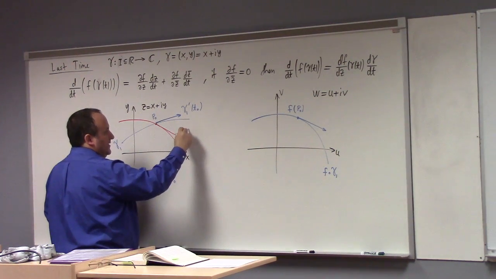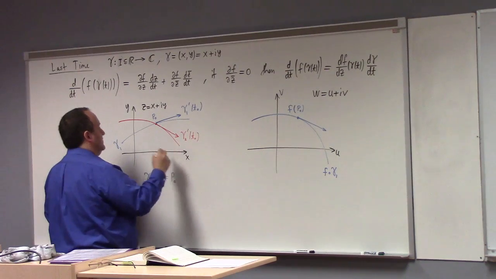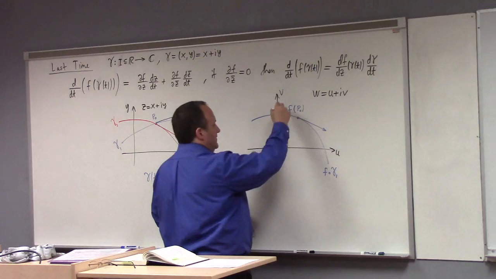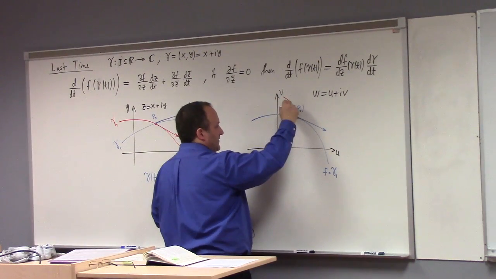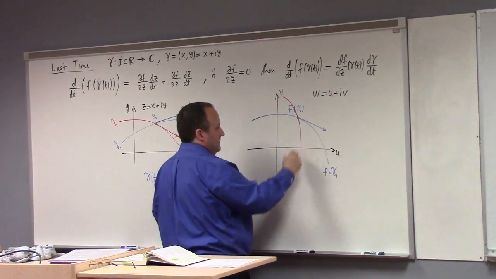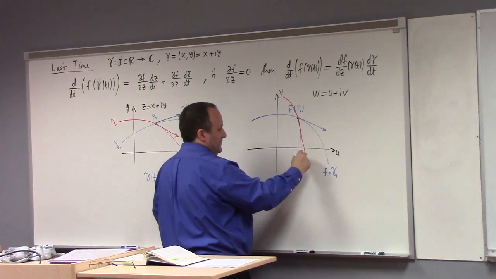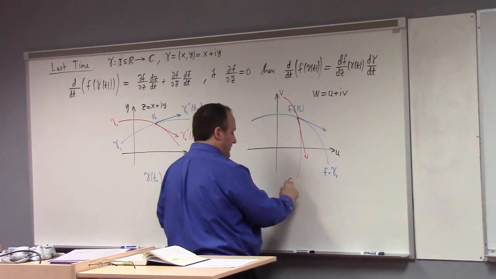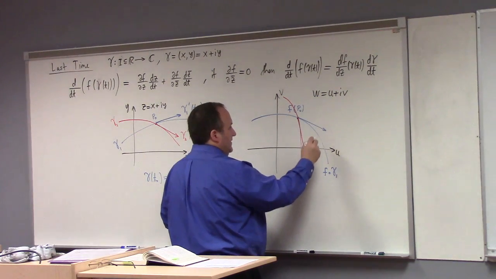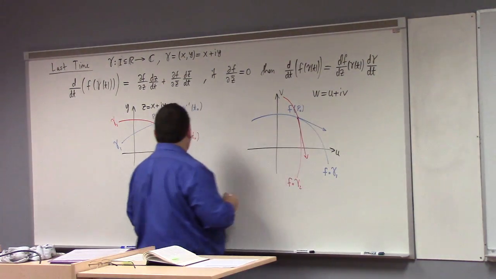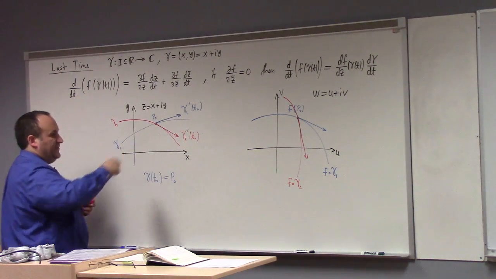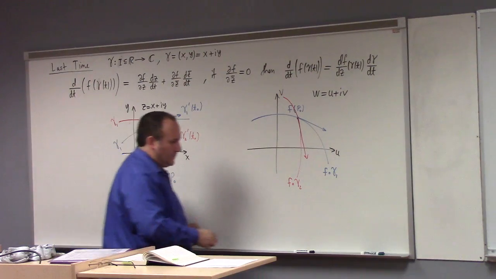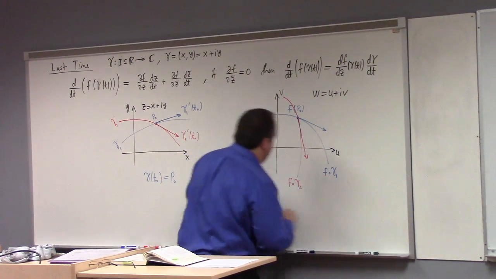So this is gamma 2 prime of t naught, the tangent vector to path 2. Then it gets mapped to something over here, perhaps like this, and here's my tangent vector. This is the curve f composed with gamma 2, and the tangent vector here and there. I haven't written the formulas for the tangent vectors in the w plane yet, but I will in just a second.